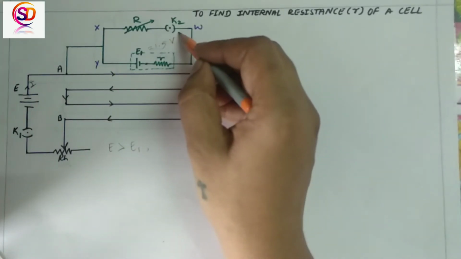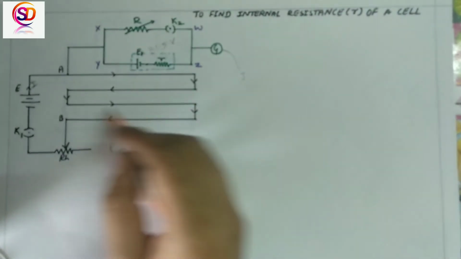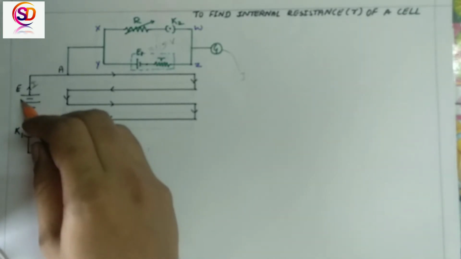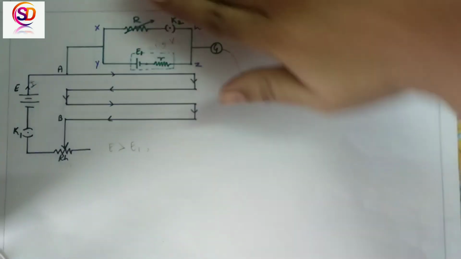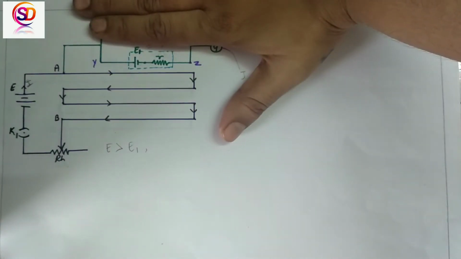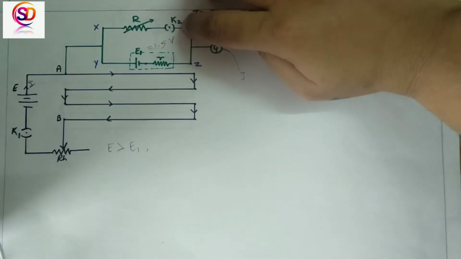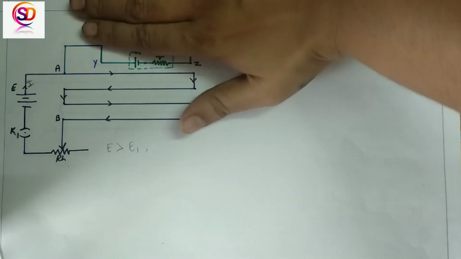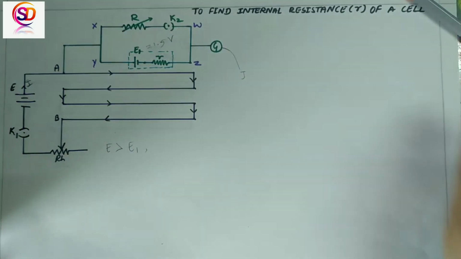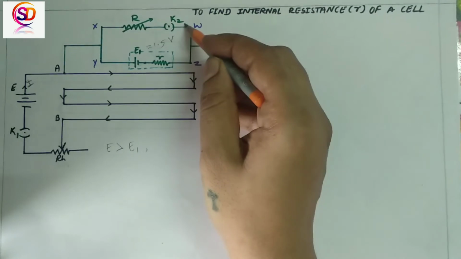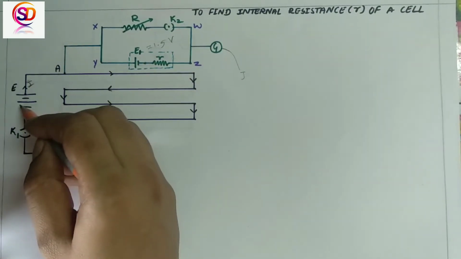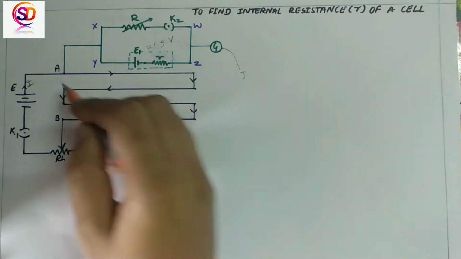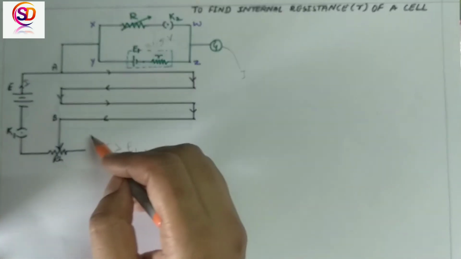Since K2 is open, the circuit now consists only of E, E1 and the potentiometer wire. There is no inclusion of R, since K2 is open. So in the first part, K2 is kept open and K1 is closed, and the circuit contains E, E1 and the potentiometer wire itself.